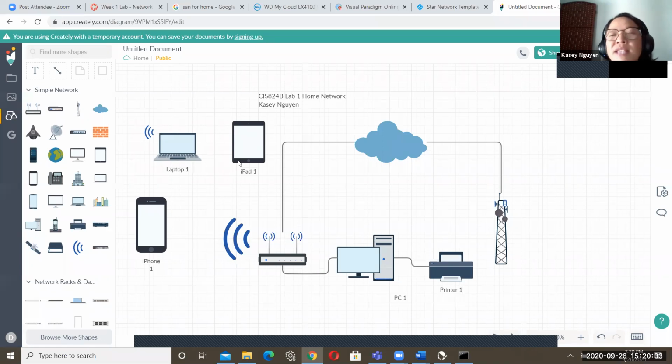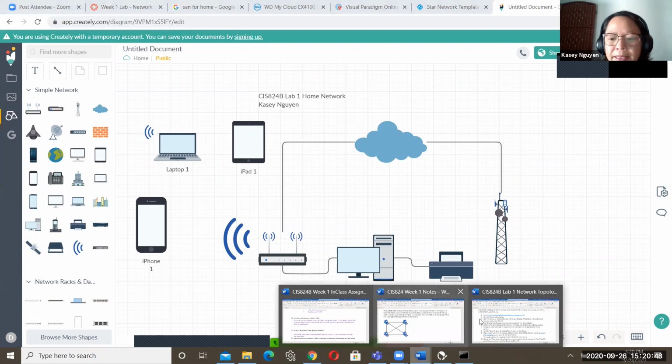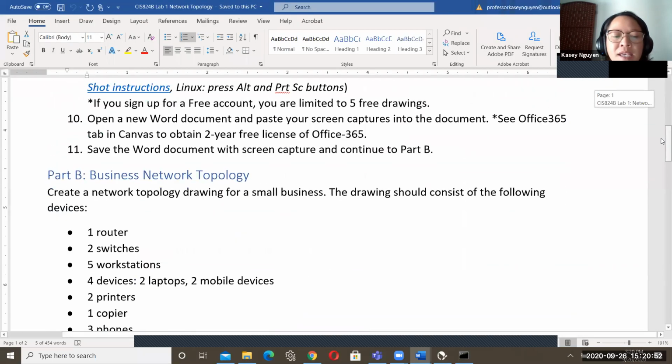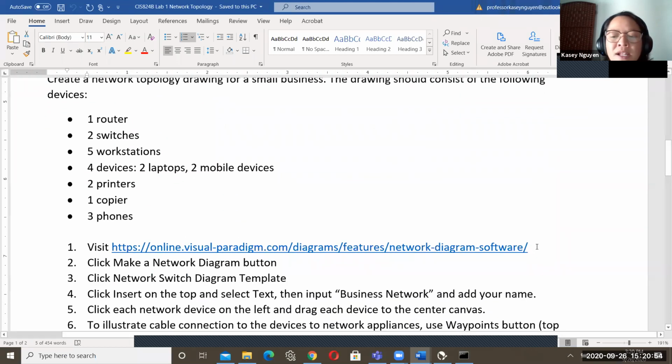They would use acronyms to represent the department so they can identify that system belongs to that segment of the network. Okay, so have fun with that. That's part A. And then for part B, you're going to use the other one. You saw this in the assignment already. It doesn't look as nice, but it's another tool.